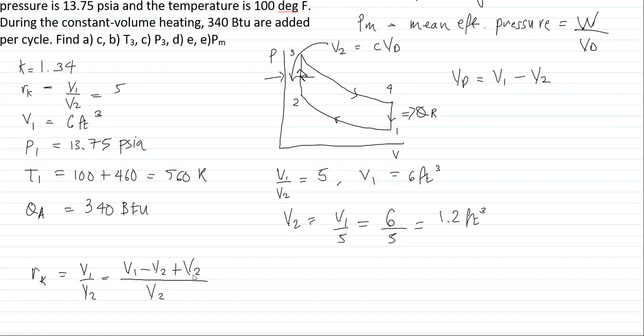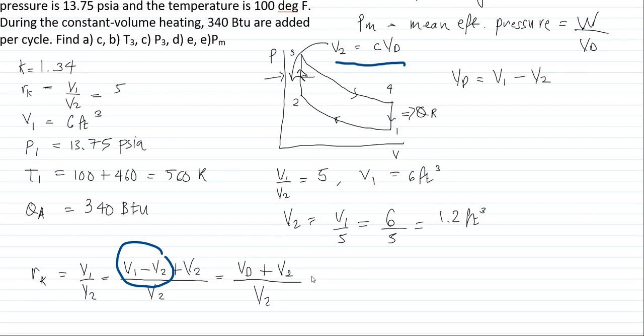V2 minus V2 is 0, so I still have V1 on my numerator. But V1 minus V2 is your volume displacement. So I will replace this portion with V sub D. So I have V sub D plus V sub 2 over V sub 2. Now, V sub 2, as I mentioned a while ago, is equal to the percent clearance times V sub D.